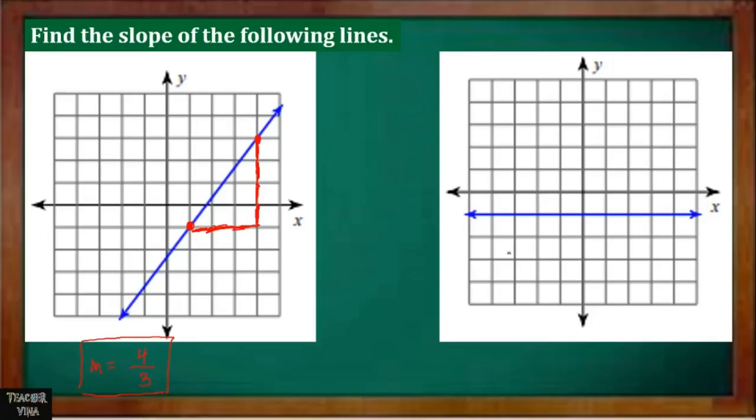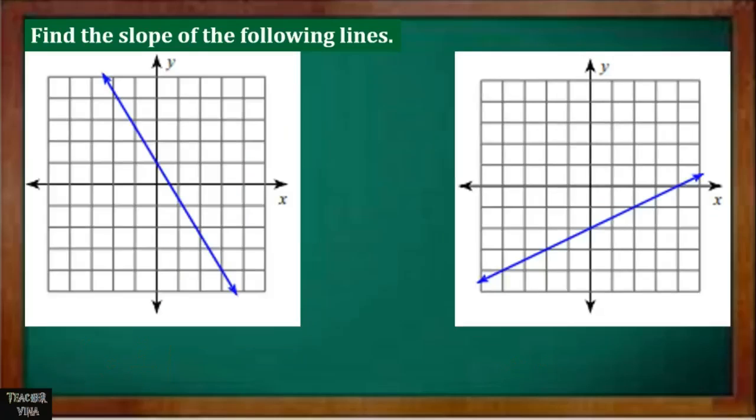Next, okay, it's horizontal, therefore our slope is equal to 0. Next, now since this is downhill, therefore the slope is negative. Okay, so let's pick any 2 points. Ito at ito, and then connect them. So ito yung triangle.